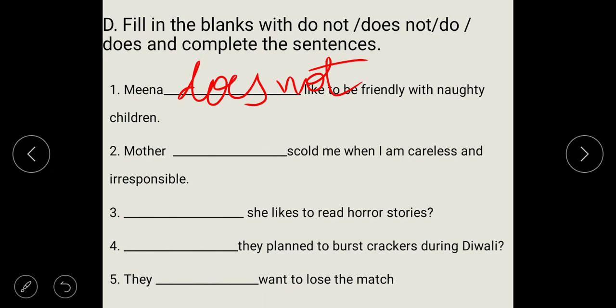Third one, she likes to read horror stories. Then she is there. In a question we have to use does or do with a singular subject, so we have to write does.